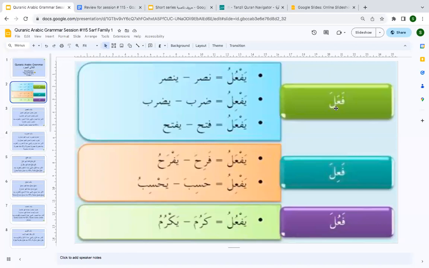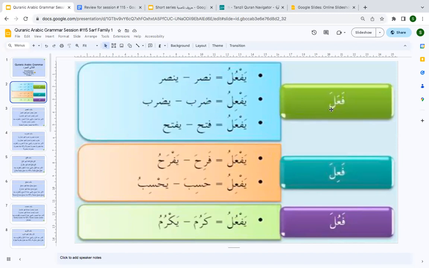When you have Fa'ala, and the Fa'ala word marries Yaf'ilu, I'm going to repeat: if Fa'ala has a mudare that spells like Yaf'ilu, the family name is going to be Daraba, or you can also call it Bab Dod, just by the first name of the word.